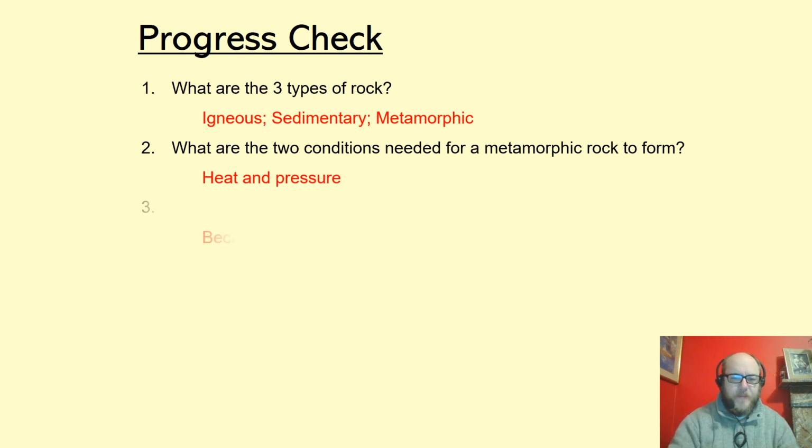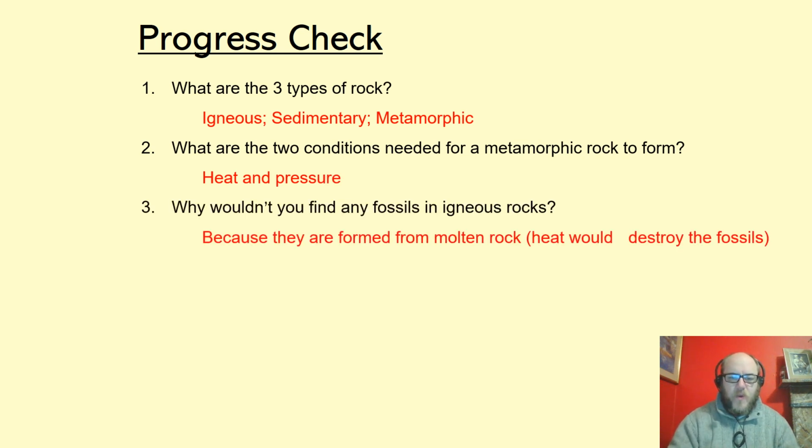Heat and pressure. Why wouldn't you find any fossils in igneous rocks? Because they're formed from molten rock, which would ultimately destroy the fossils, but also they're made from rock deep down in the ground.